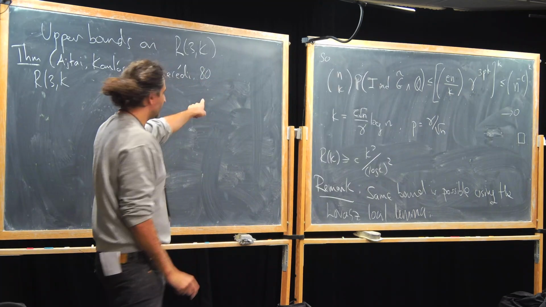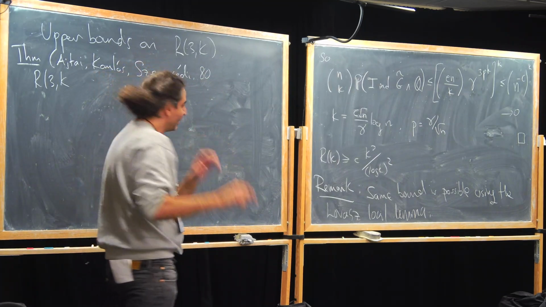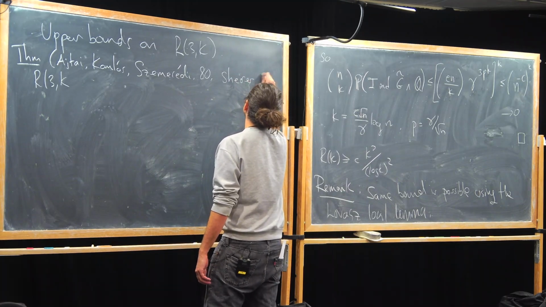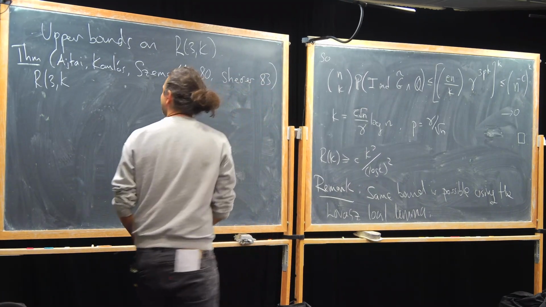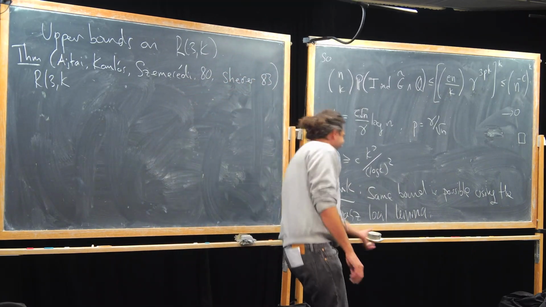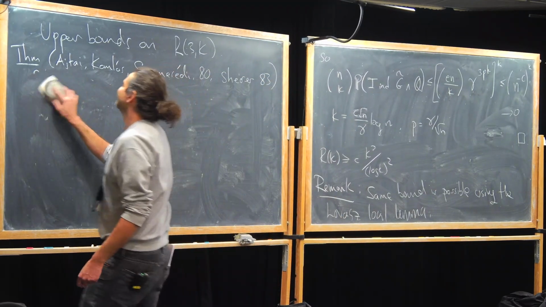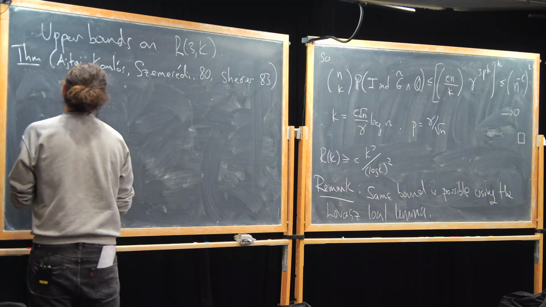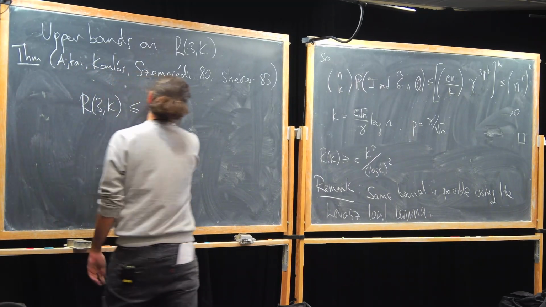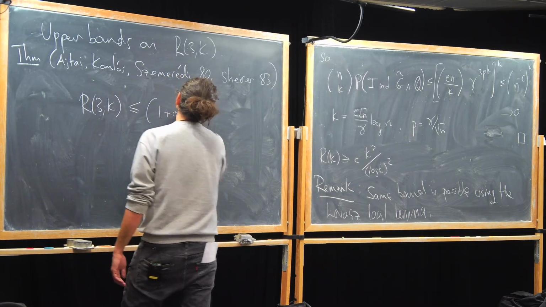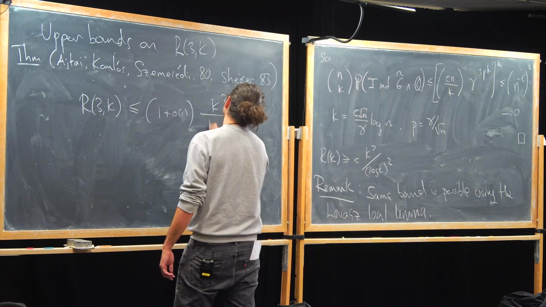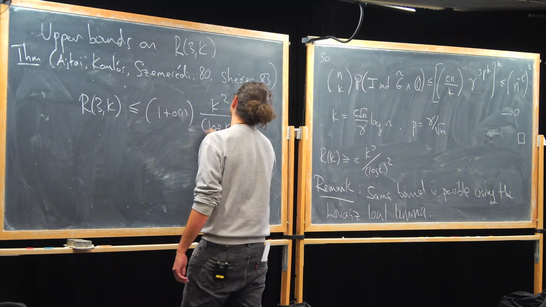And in fact, I'll state a slightly stronger form due to Shearer, who just improved the constant. I think this is like 83 or something. So they proved R(3,k) is at most (1 + o(1)) k squared over log k.